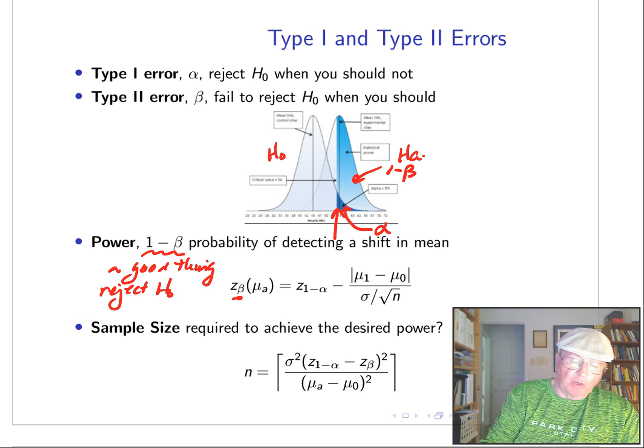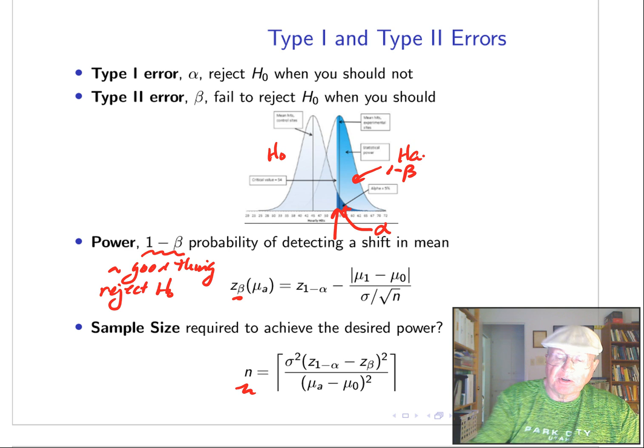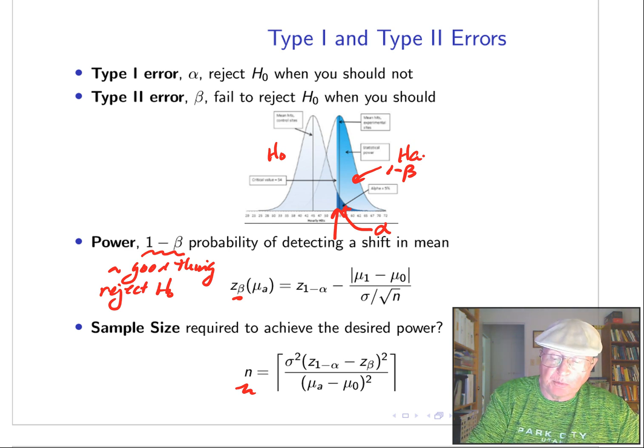We can also rewrite this equation that's used to calculate the z-score for beta and get an estimate of what the sample size is that's required to give a desired type 1 alpha or type 2 beta error.